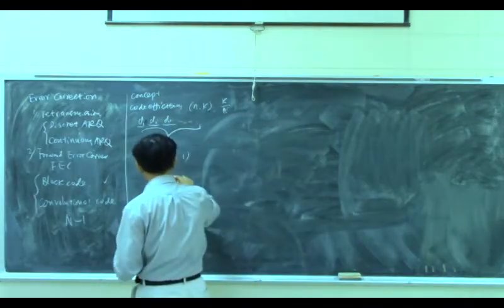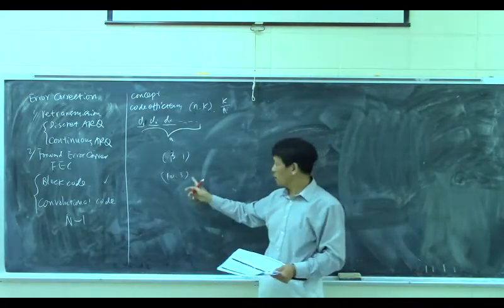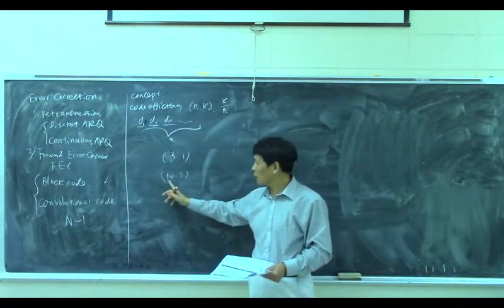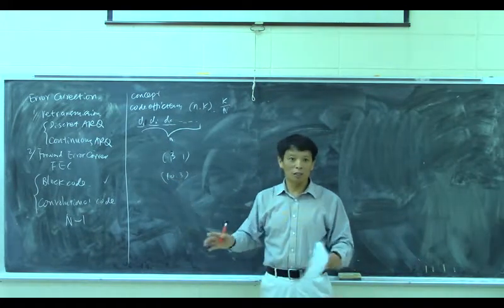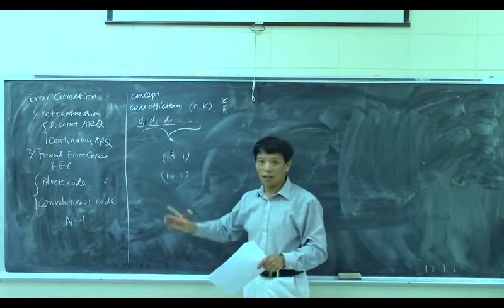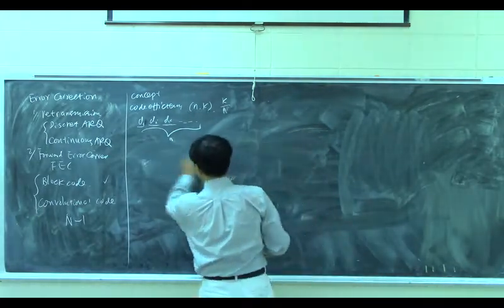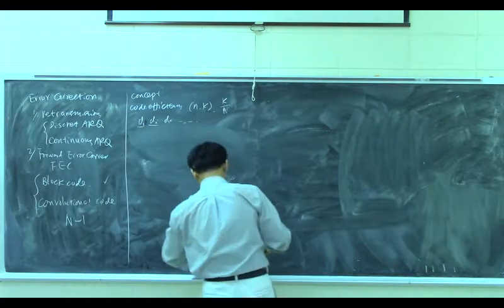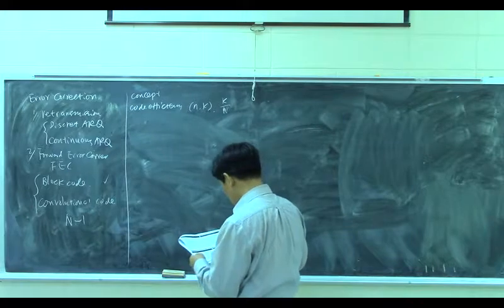If you have a (10,3) code, then the efficiency is 30%. The 3 is the length of data, and the 7, which is 10 minus 3, is the additional checking bits. The total 10 is the code. So this is the code efficiency.